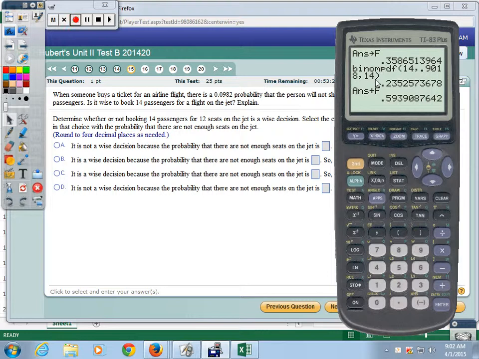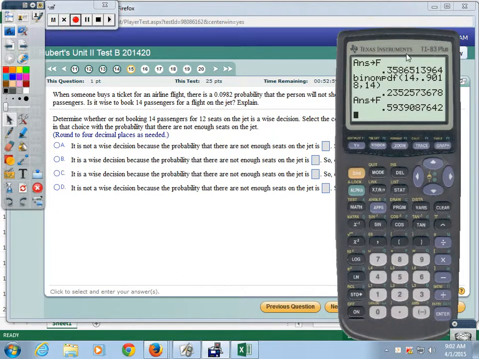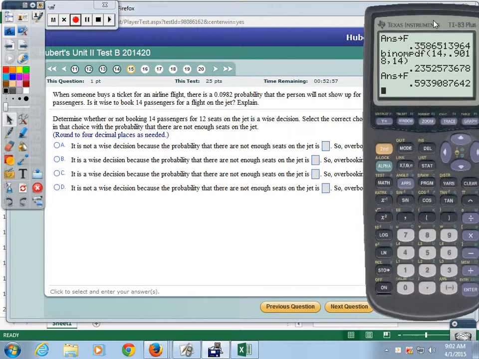Is it wise to book with a 60% chance that they're going to show up? I wouldn't, but I don't know what their answer is. I know that mathematically the 0.5939 is right, but I don't think it's wise with a 60% chance that they're going to show up.